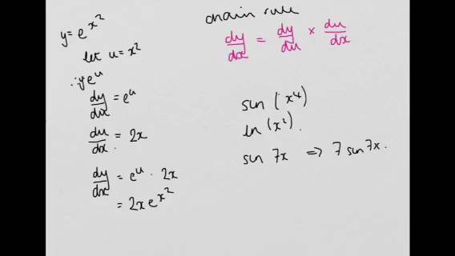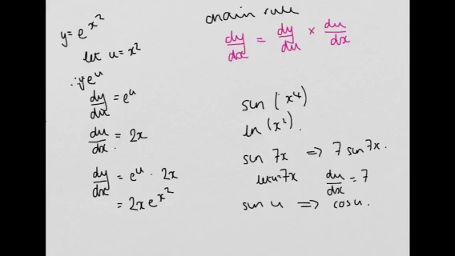I can do this because in this case I'm going to let u equal 7x. And so now du by dx is equal to 7. And so I differentiate sine u, and that becomes cos u.